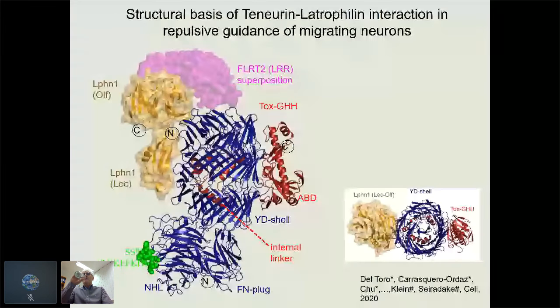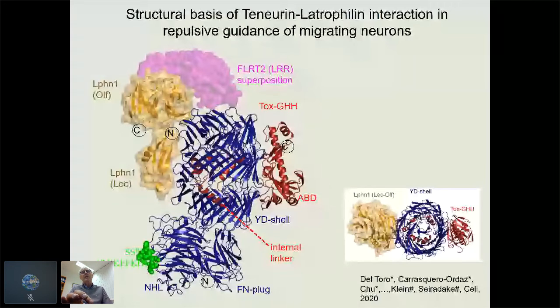Here's this amazing structure of the Teneurin ectodomain, consisting of this gigantic barrel made out of these beta sheet repeats. Here's a view from the top, the barrel here. There's some toxin domain sticking out on one side.